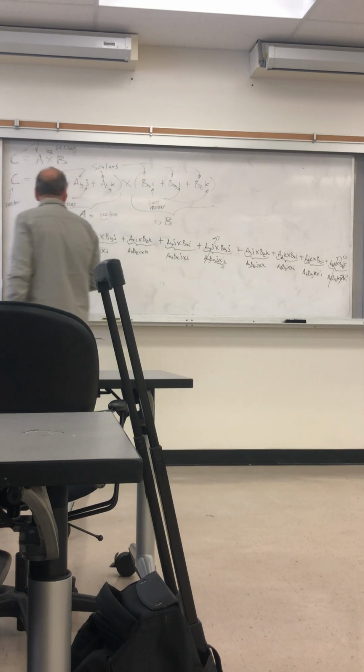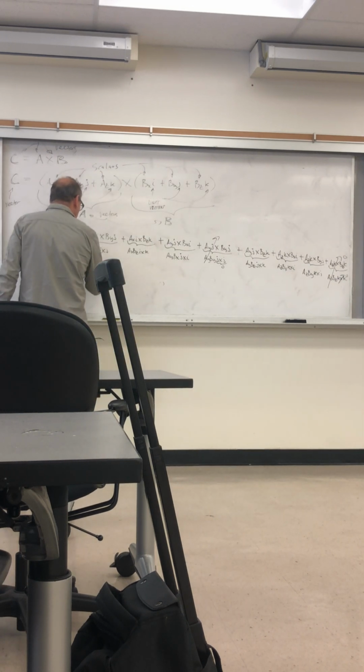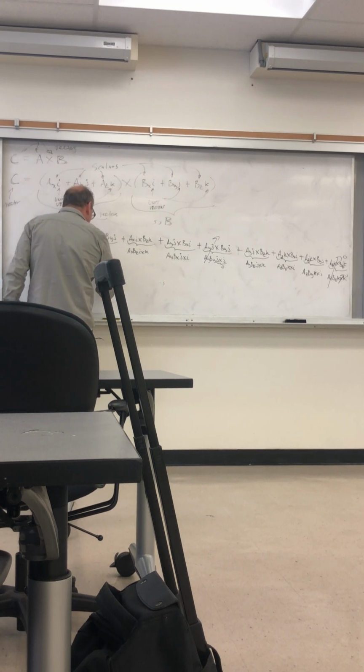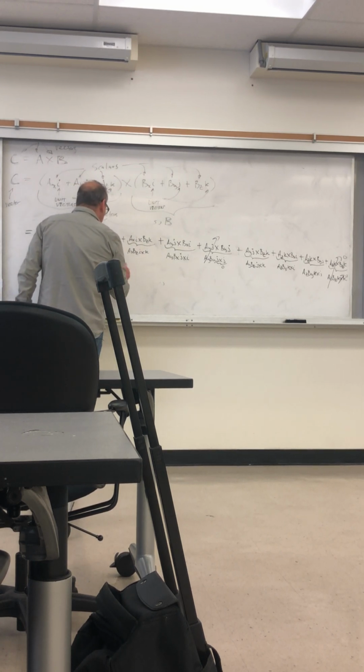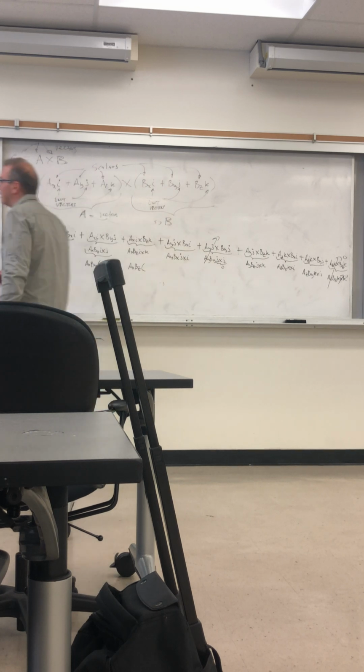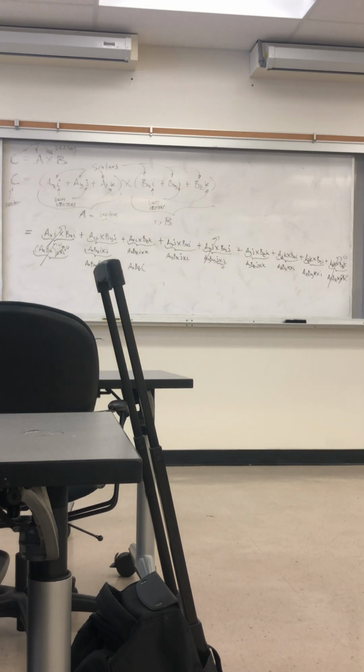So now let's go back. We have here a x, b y, multiplied by I cross j. I cross j is just k, right? So we replace I cross j with k. So plus, this is a x, b z, I cross k. I cross k is minus j.